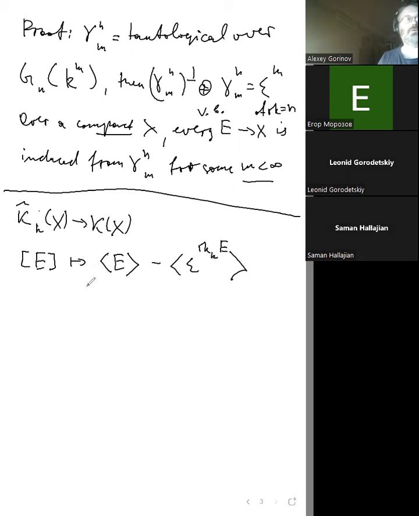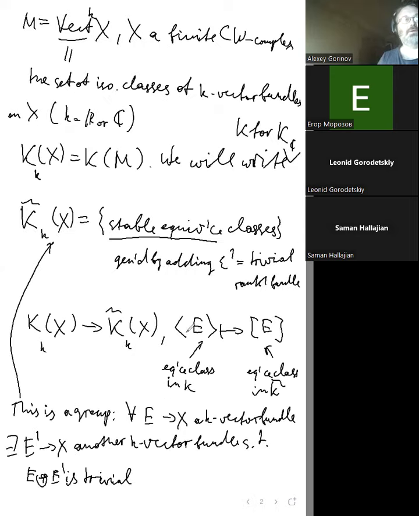So the map is well defined. Now, what happens if I apply this map first, and then this map? Well, I get the identity.